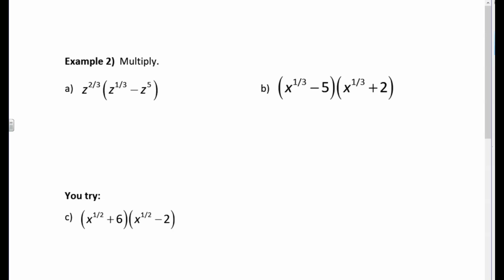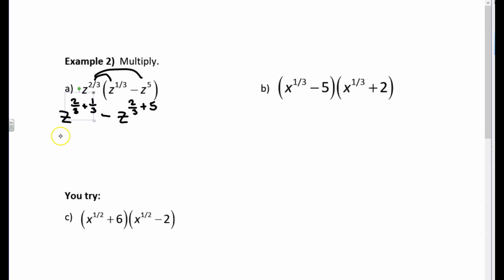So let's take a look at some examples now where we're going to multiply some polynomials together. Remember, we have to distribute to both of these, and this becomes z to the 2/3 times z to the 1/3, or z, we add our exponents, 2/3 plus 1/3, minus, again, we multiply, this is z to the 2/3 plus 5.